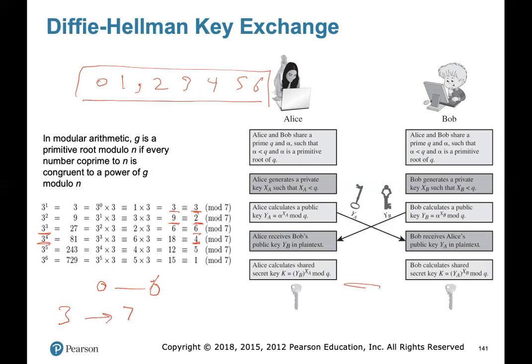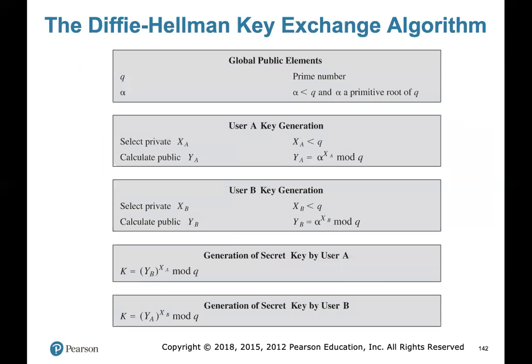Okay, the Diffie-Hellman algorithm works this way. You get a number q, which is a prime number, and you need to find a primitive root for q, modulo q, that we call alpha. So we get two numbers, q and alpha.